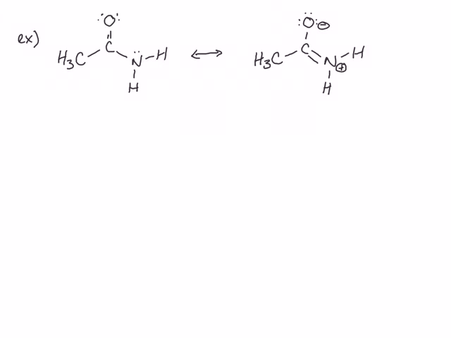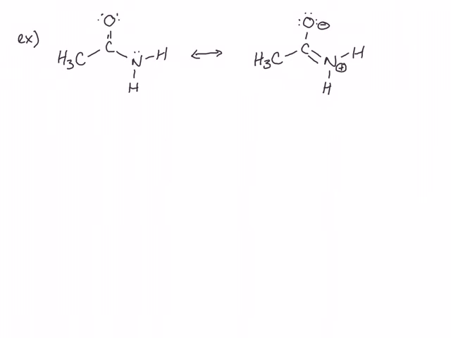So this is a valid contributing structure to the resonance hybrid of this molecule. What I've done is I've moved electrons. I've moved electrons from this nitrogen into a double bond with a carbon, and I've taken electrons from this double bond and moved them onto the oxygen.